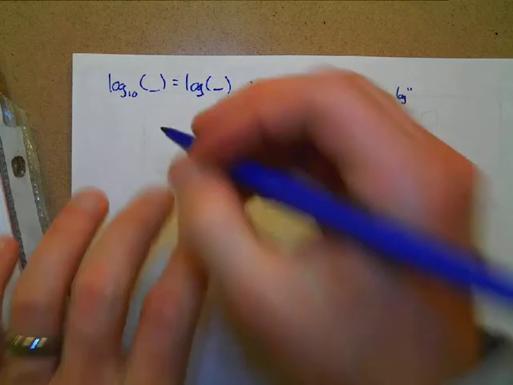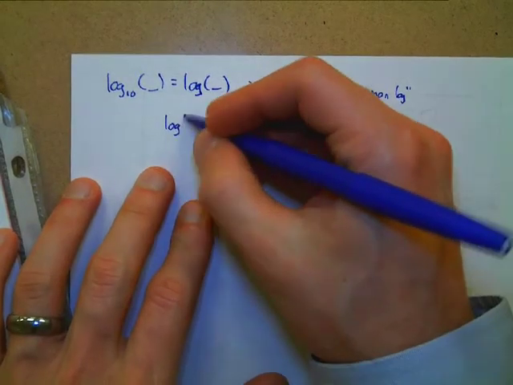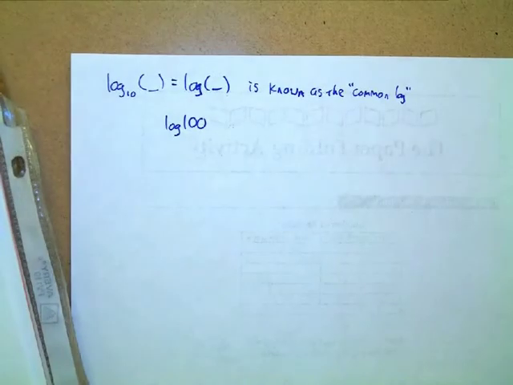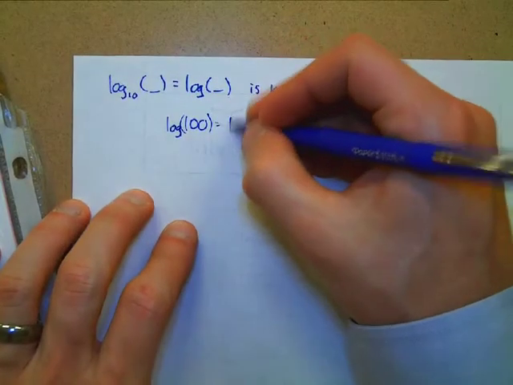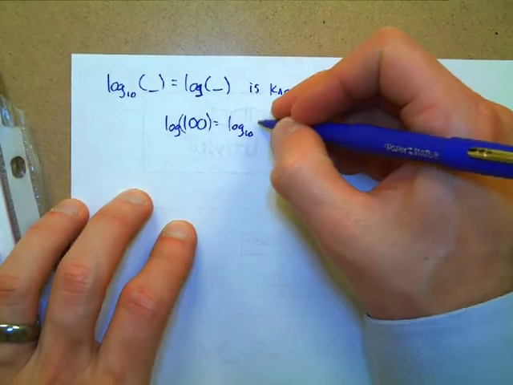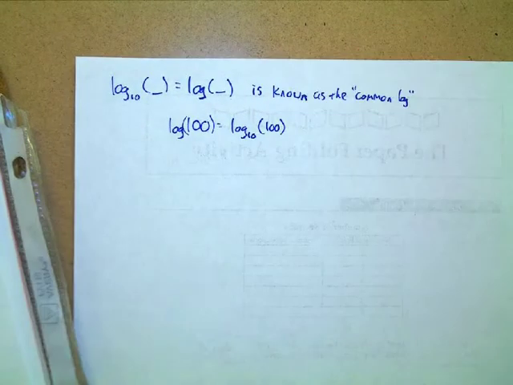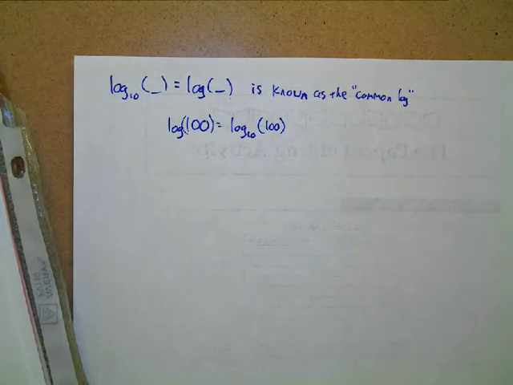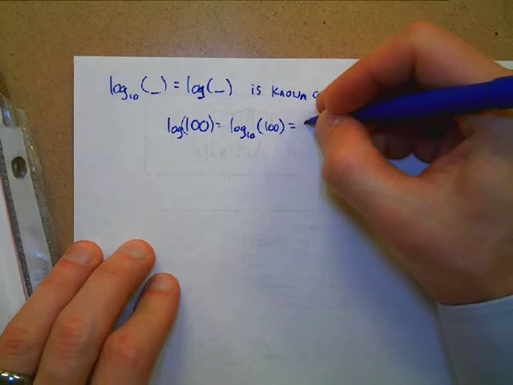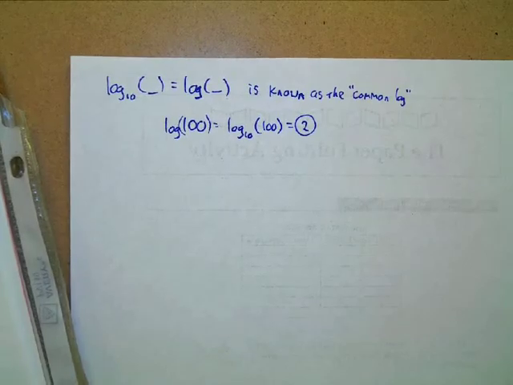So if you come across a problem like this, log of 100, we understand that is really log base 10 of 100. And what is the answer to this? 10 to what power gives us 100? 10 to the 2. So the answer is 2 there. This is something you can type in your calculator, Isaiah.